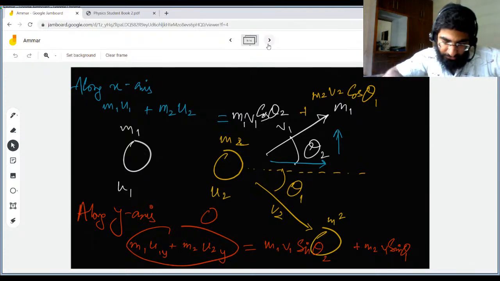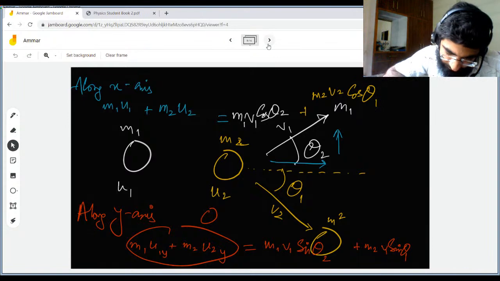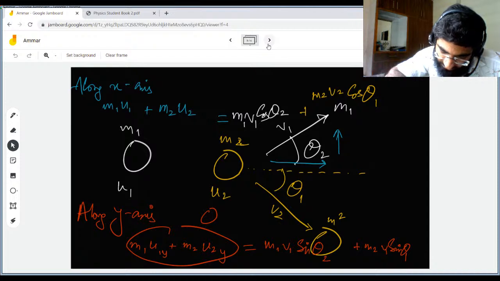So if I were to write a simplified statement for this law of conservation of momentum, coming back to this diagram, and I'm talking about two bodies only, it would become m1 u1x plus m2 u2x is equal to m1 v1x plus m2 v2x.